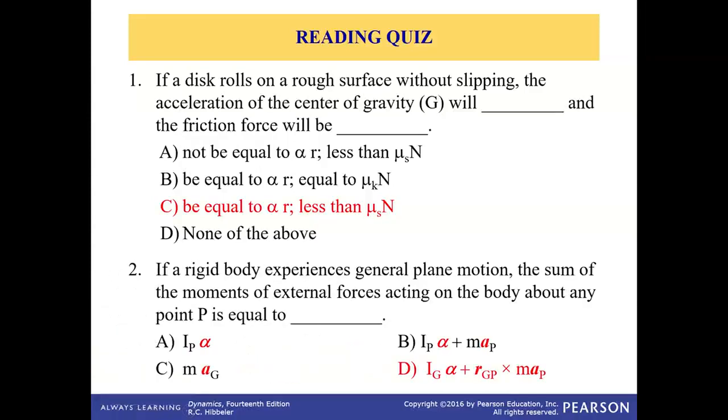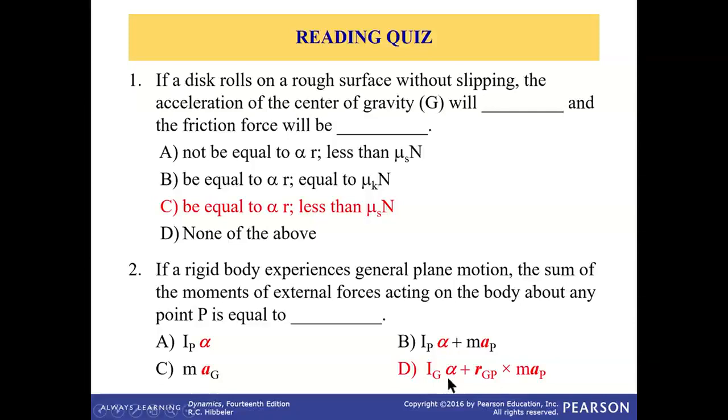Second question: if a rigid body experiences general plane motion, the sum of the moments of the external forces acting on the body about point P, which is any point not the center of mass, is equal to blank.